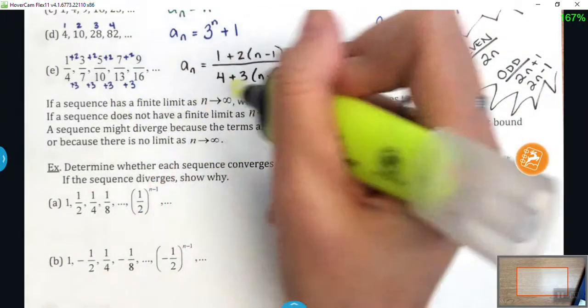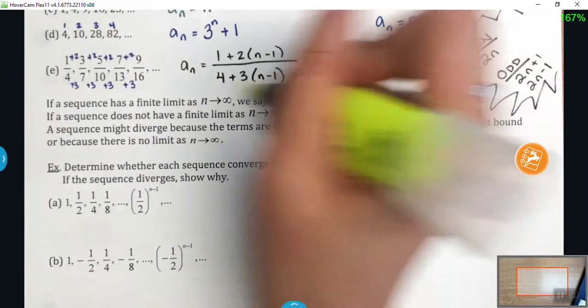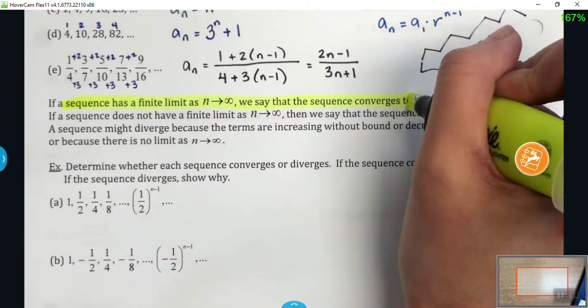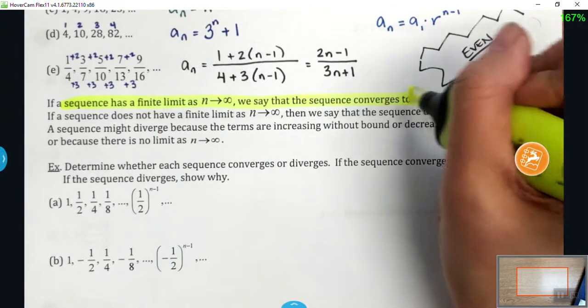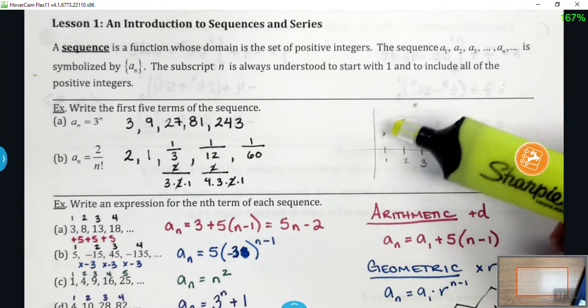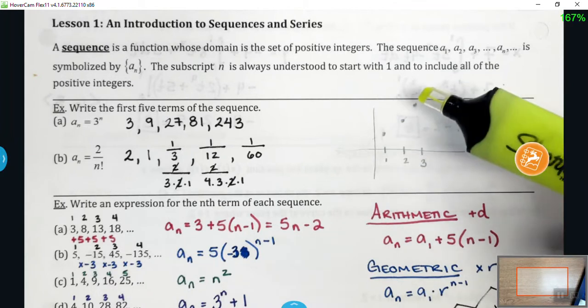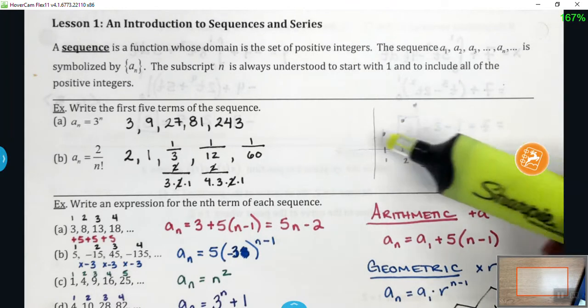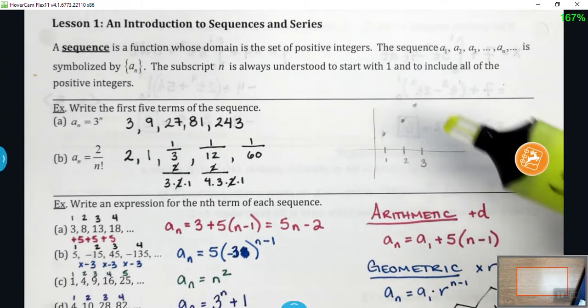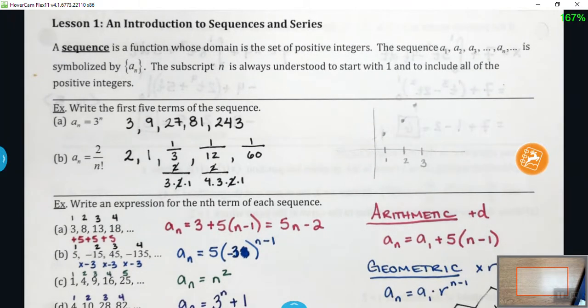Okay. If a sequence has a finite limit, we say the sequence converges to that limit. Right? If this sequence actually approached a horizontal asymptote, then if the function approached a horizontal asymptote, this sequence would also approach that number as it went to infinity.